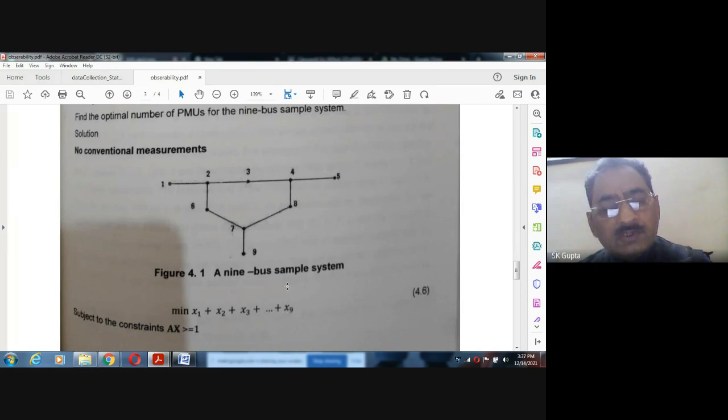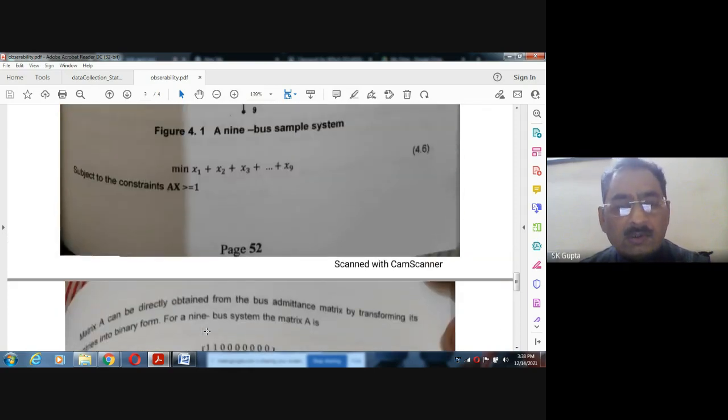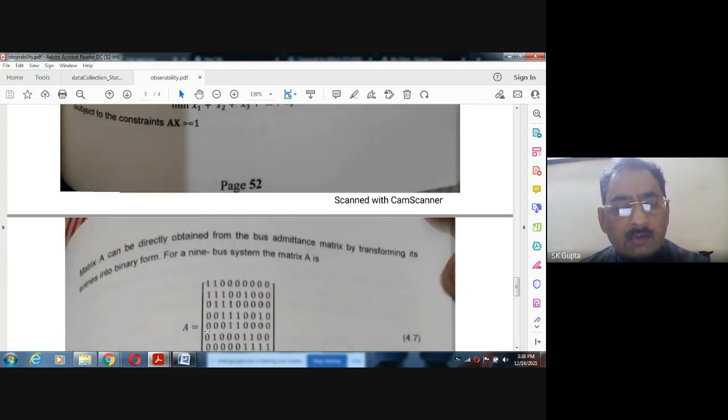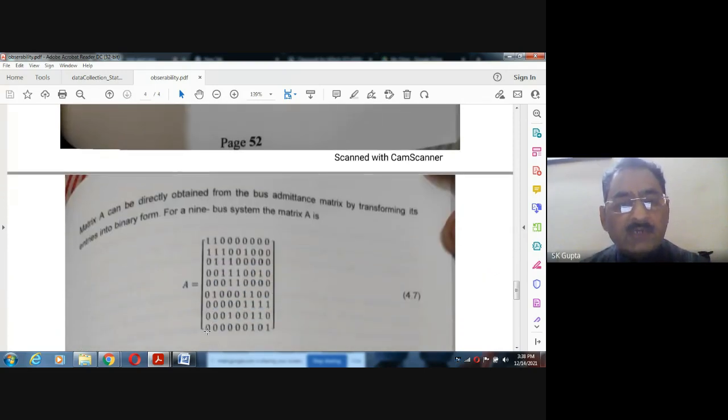We have to minimize this. In place of 9, we can have say 4 or 5, subject to the different conditions. So Ax is greater than or equal to 1. It is a condition. We will describe what this Ax ≥ 1 is. Look, just to again describe the observability, let us make this matrix A.